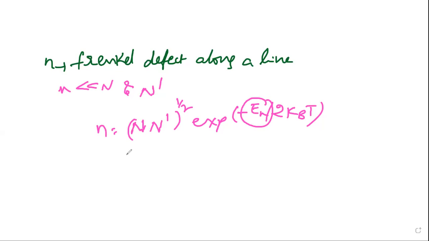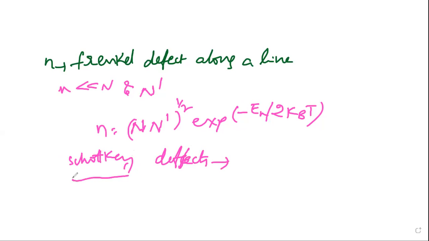In pure alkali halides, the most common vacancies are due to Schottky defects. That means Schottky defects occur mainly in pure alkali halides.